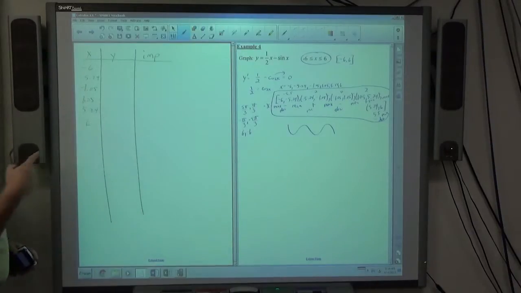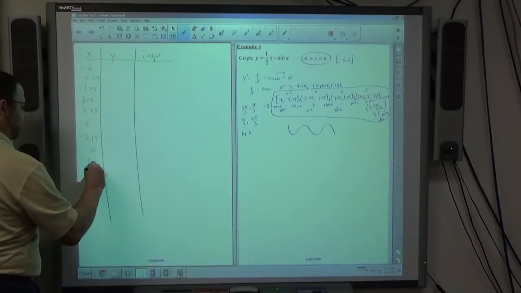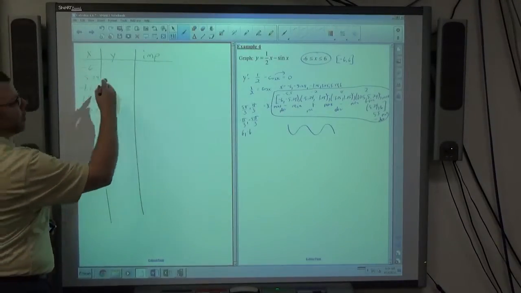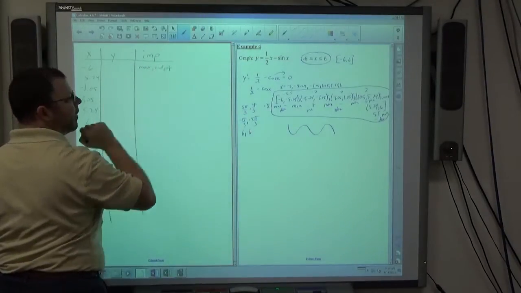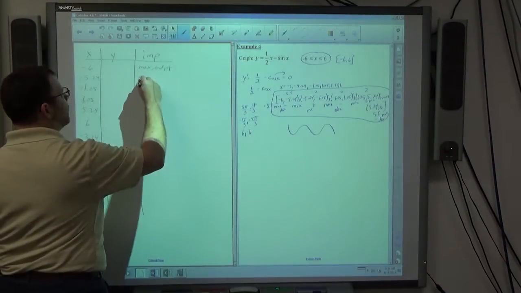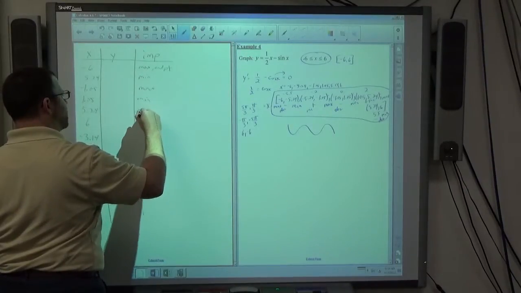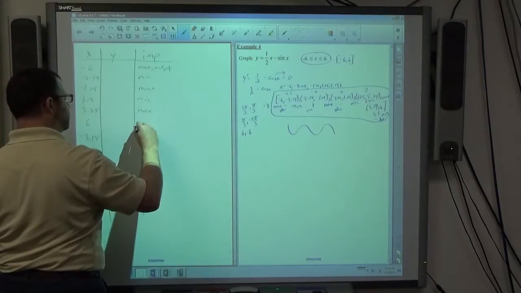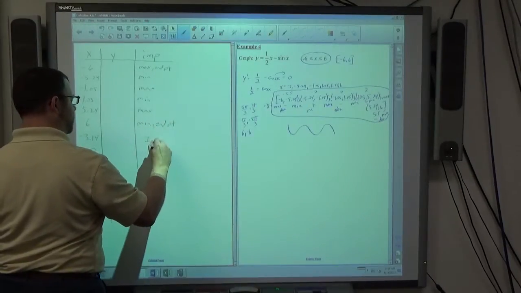And then for the second derivative it was 6 and -6 again. We had negative pi and positive pi and 0. -6 was a maximum and an endpoint. And then we had a minimum, maximum, minimum, maximum, minimum, endpoint. And these were all inflection points.